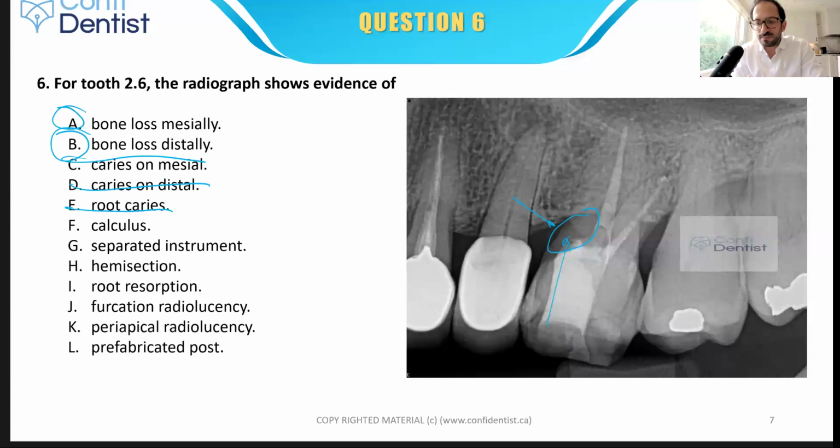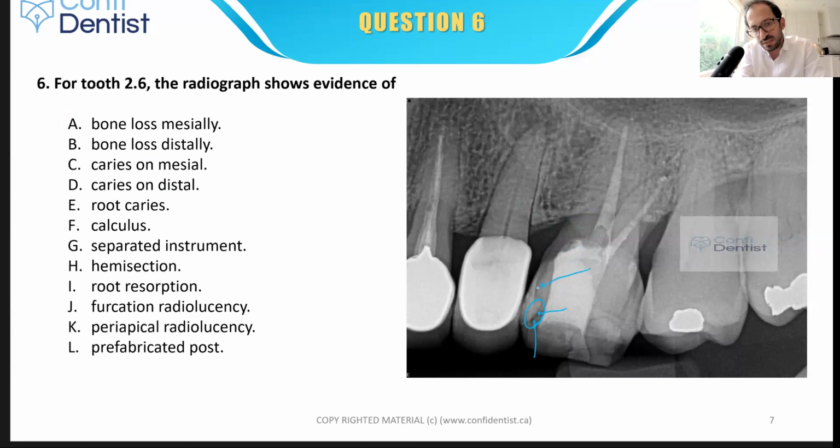And here you had a cavity, but it was restored. This radiolucency that you see here is not enough to be called caries.